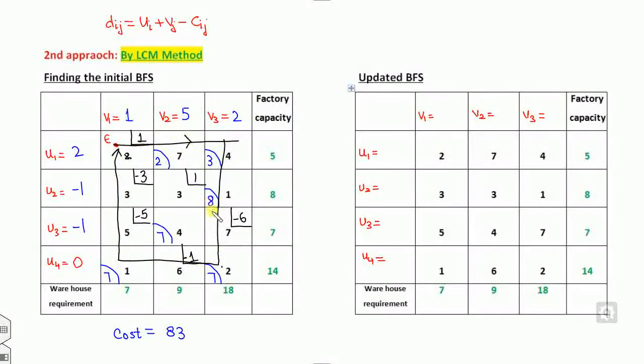So this is my path. This is plus epsilon, this is minus epsilon, this is plus epsilon, this is minus epsilon. The value of epsilon is determined by the cells containing negative epsilon, which are 3 and 7. Always, these represent the allocation. So it is the minimum of 3 and 7, which comes to be 3.